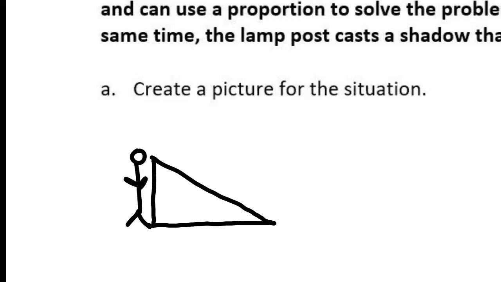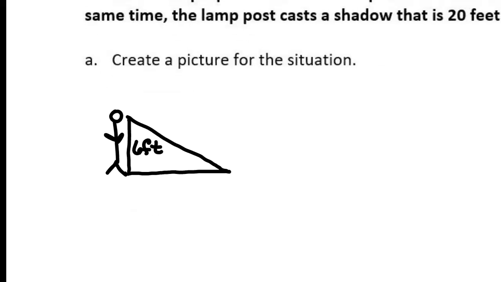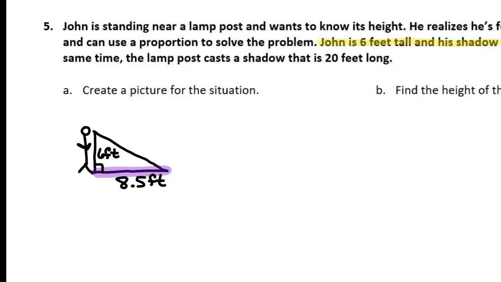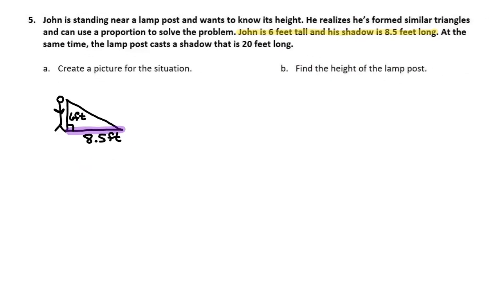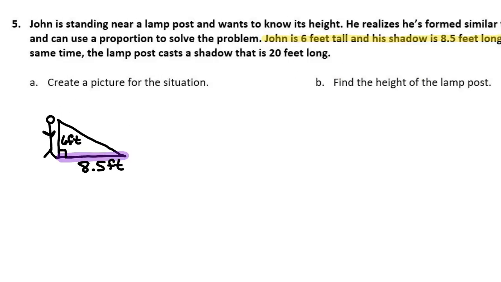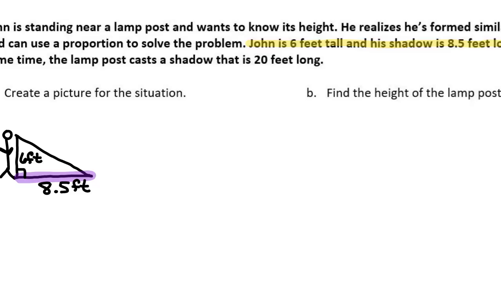All right, so here's John, 6 feet tall. His shadow on the ground is 8.5 feet. This is a right triangle right here. At the same time, the lamp post casts a shadow that is 20 feet long.